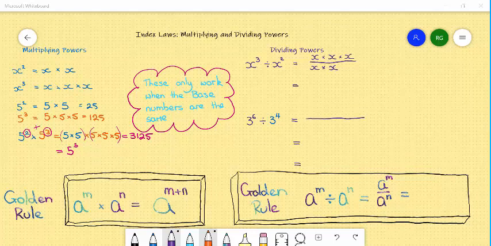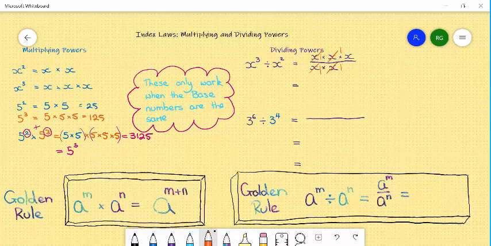So where x divided by x equals 1. Anything divided by itself is 1. So I'm just going to write a 1. And we know anything multiplied by 1 is also just itself. Now I can also cancel out these two x's. And that is also 1.